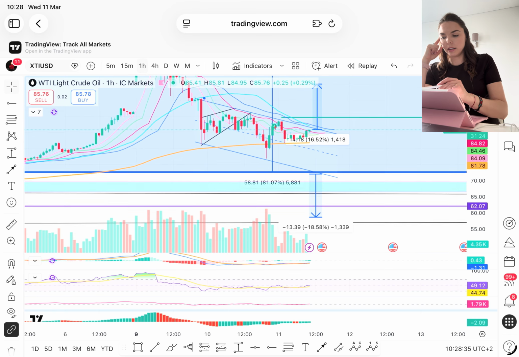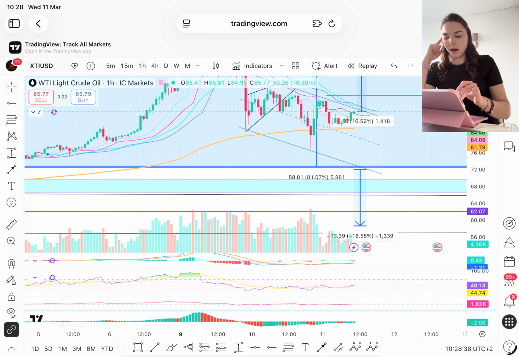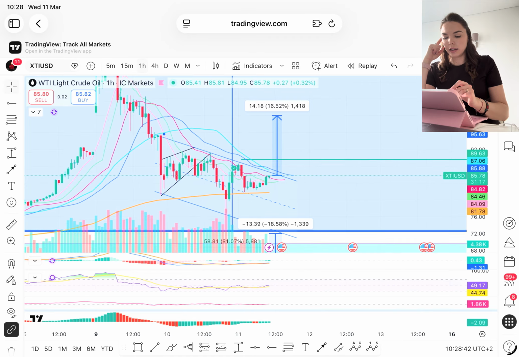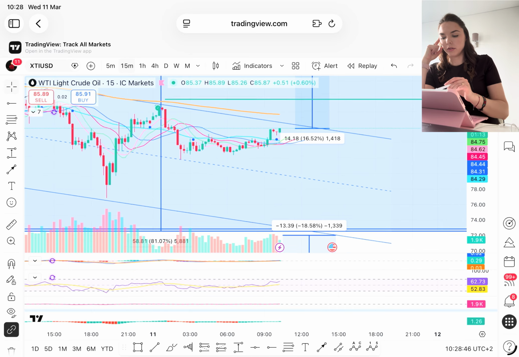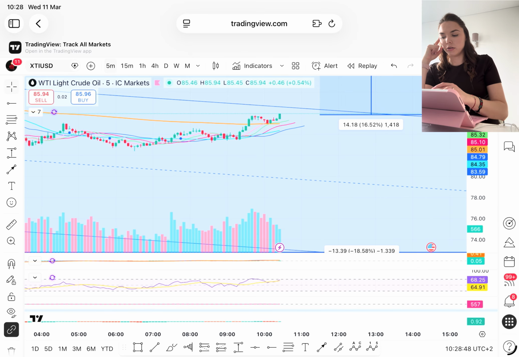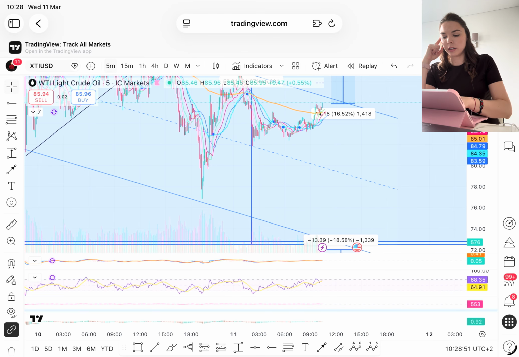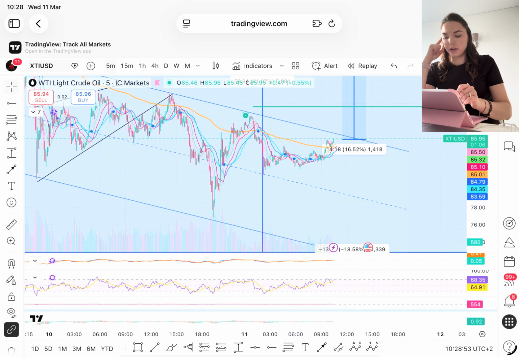It didn't test it yet, and then go up. But also it could be that it's testing this little thing and then goes up. But again, here is the EMA 200, and here's the EMA 200, and here it has already started to go upper.